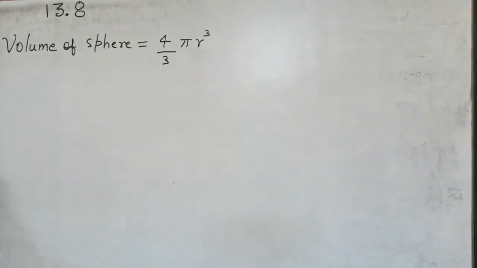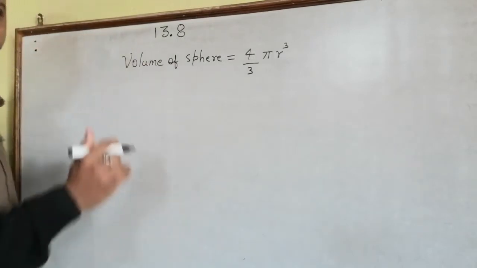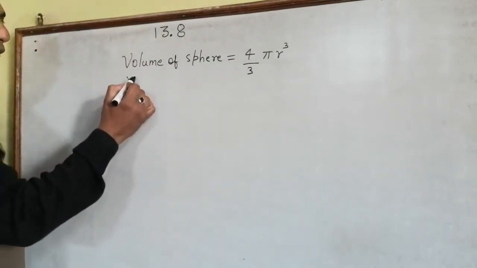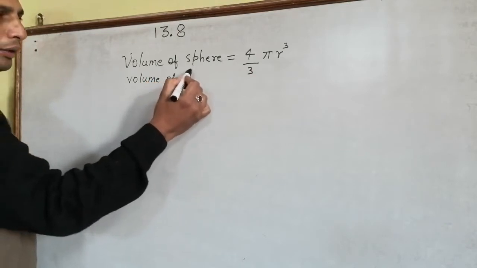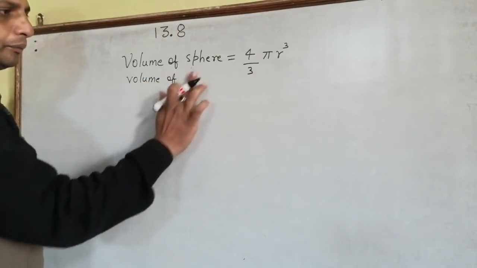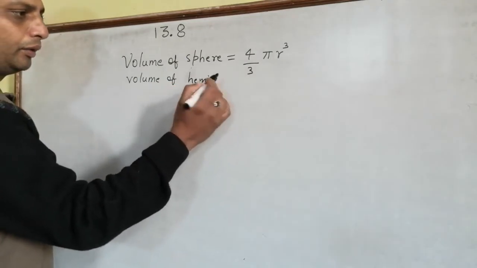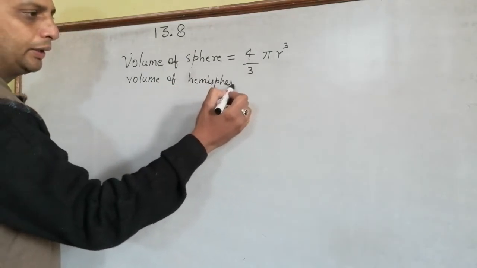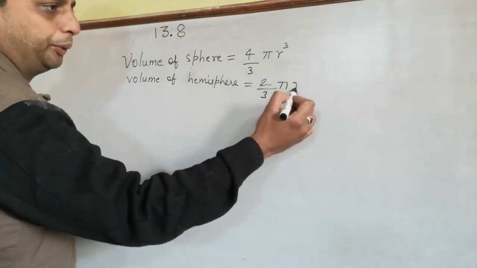Similarly, we have the formula to find the volume of the hemisphere. The volume of the hemisphere formula is 2 upon 3 pi r cube.